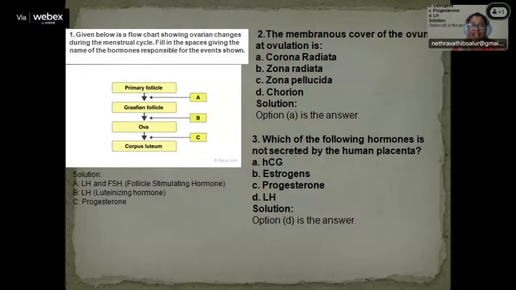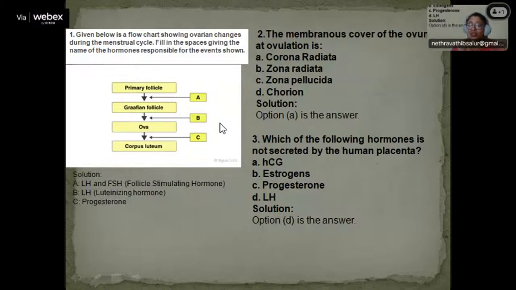Okay. So the answer is primary follicle forming into Graafian follicle is stimulated by, we all know, FSH, also called follicle stimulating hormone. So that will stimulate the primary follicle to form into Graafian follicle. Now this Graafian follicle, to give out the ovum, you have only LH.